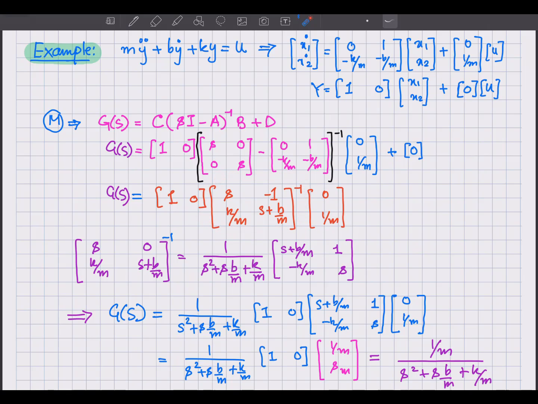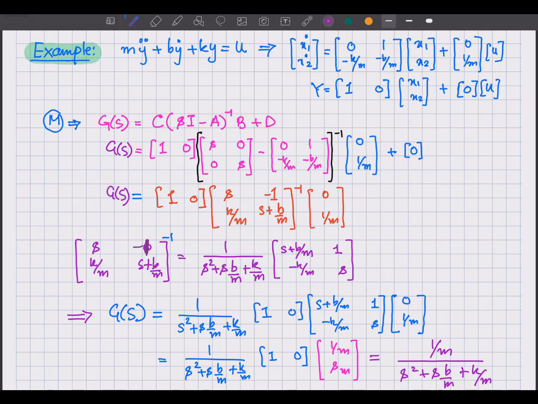So the inverse will be equal to 1 by determinant. Sorry, over here it will be minus 1. So this should be minus 1.